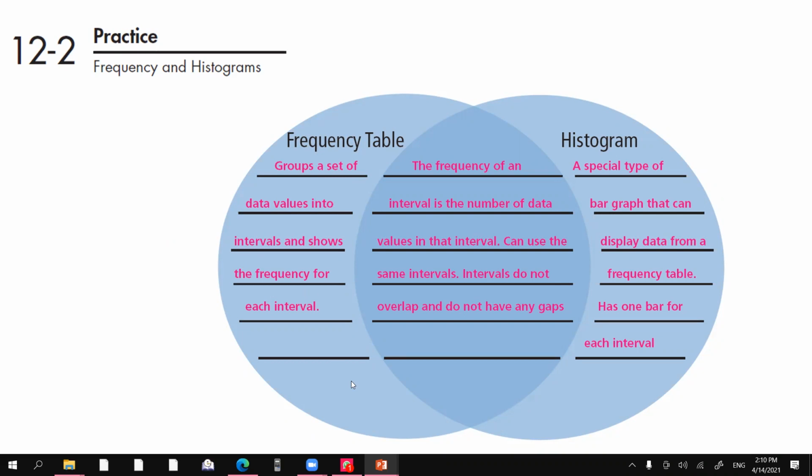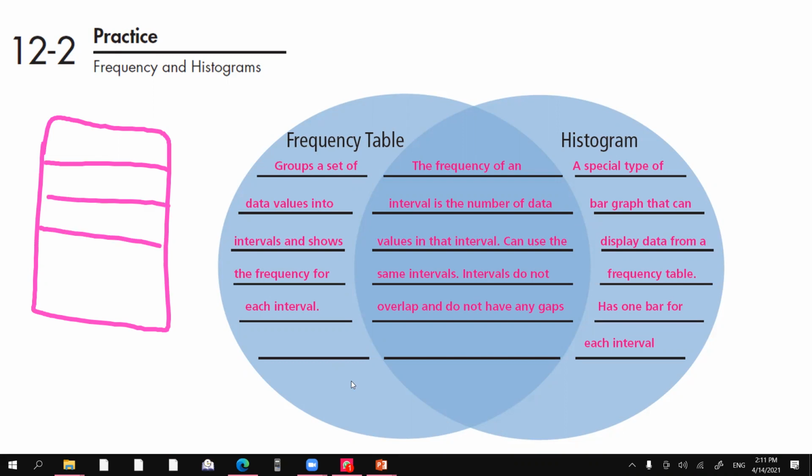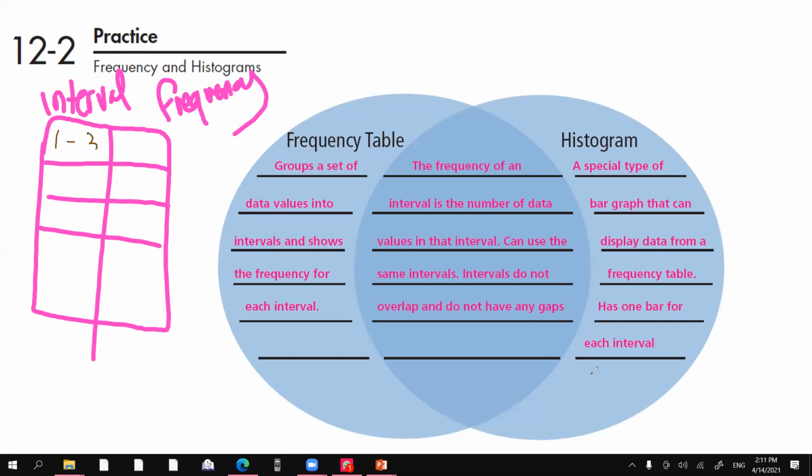As we said before, we make a table. We put here the interval and here the frequency. The intervals are like 1 to 3, 4 to 6, 7 to 9, 10 to 12, as an example.